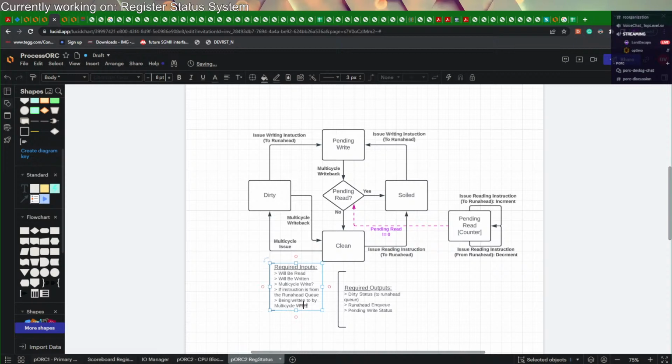In order to implement this, these are the statuses we need. We need to know whether or not it's dirty, whether or not it's to be written. So these two I'm going to mark blue, I guess.